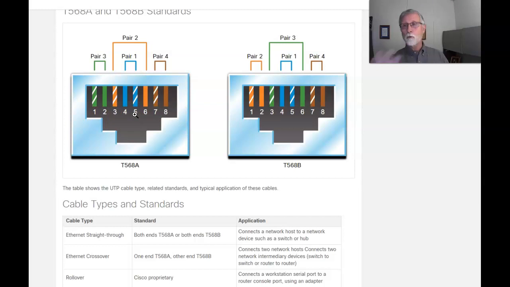So just rolled everything over. On one end, you've got, let's say, the 568A, and on the other, you switch all the pin positions. That baby blue cable, that console cable that you use to connect to your switch, that is a rollover cable.